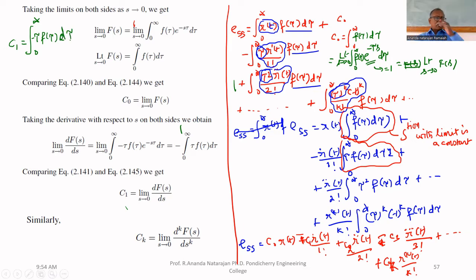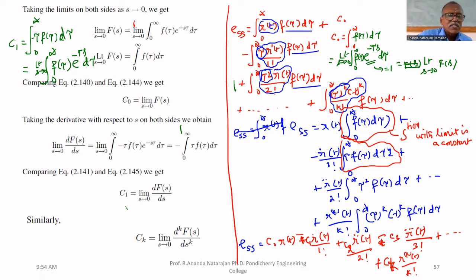Minus is there. I am deliberately multiplying this by e power minus tau s, integral of 0 to infinity f of tau e power minus tau s d tau, and I am putting limit s tends to 0.